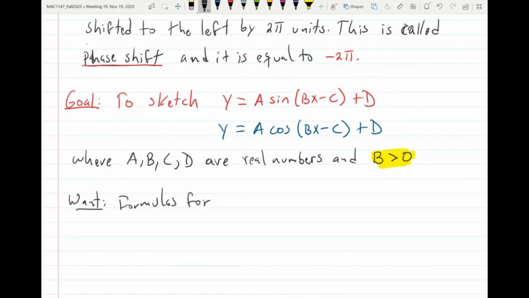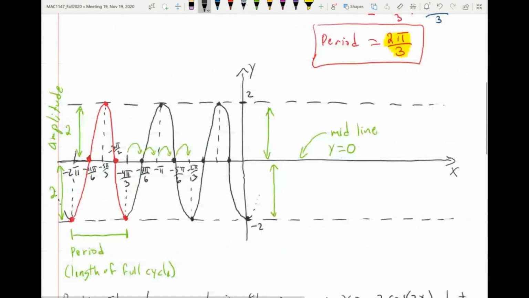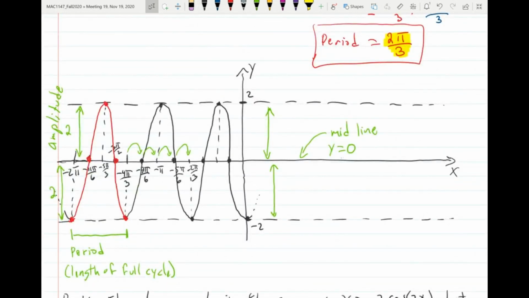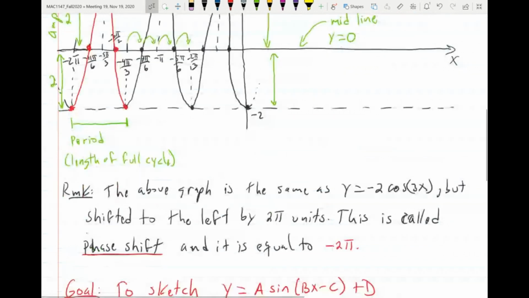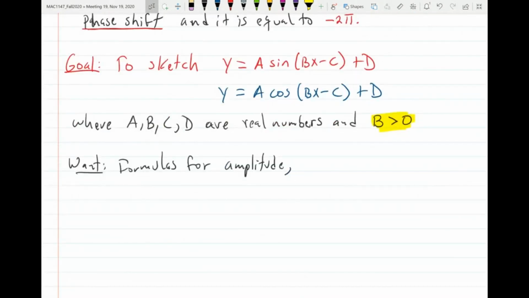Formulas for amplitude, which we know what that means, right? That's the distance between the midline and the highest point of the graph, and also the lowest. So we want a formula for the amplitude, the midline, the period, and phase shift.